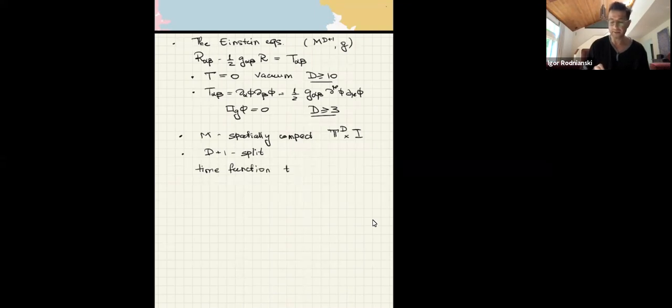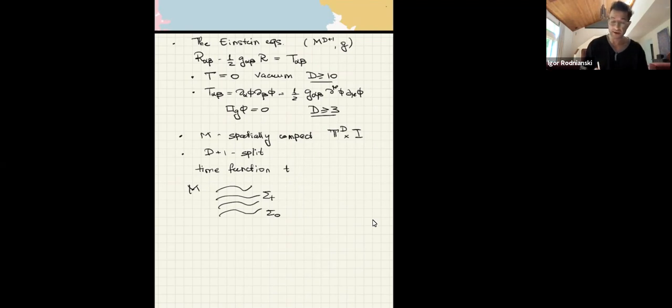You imagine that M, the manifold, is foliated by the level surfaces of the function t. So these are Sigma t's. I'm going to prescribe our initial data somewhere here, Sigma naught. And then the basic objects that we're going to try to understand are the evolution of the metric and the second fundamental form associated with the foliation Sigma t.